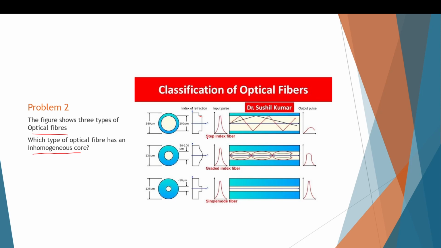This is called a step index fiber. Since the refractive index of the core is the same throughout, it's homogeneous, not inhomogeneous. Similarly, graded index fiber means the index doesn't increase abruptly. The change is not abrupt but more like a gradual change. So in this case, the core is actually an inhomogeneous core.